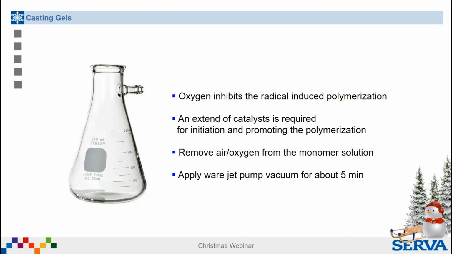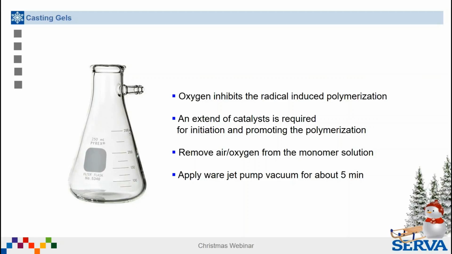This is very important because as the reaction of gel casting is a radical-induced polymerization, oxygen would inhibit this, and the polymerization would be very long-lasting. So an extent of the catalyst is required, and this catalyst is not really the cheapest thing, so you can spare a lot of money.